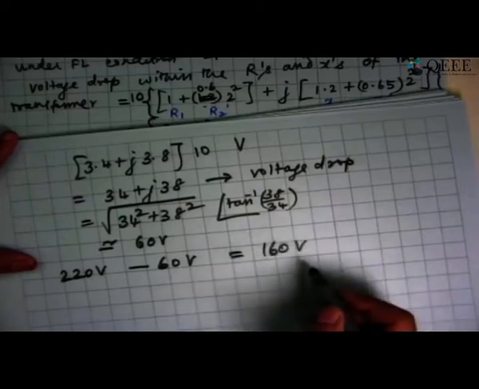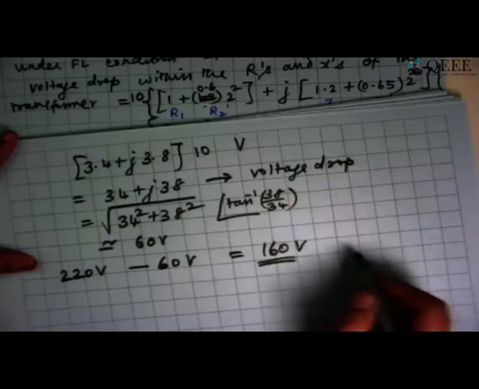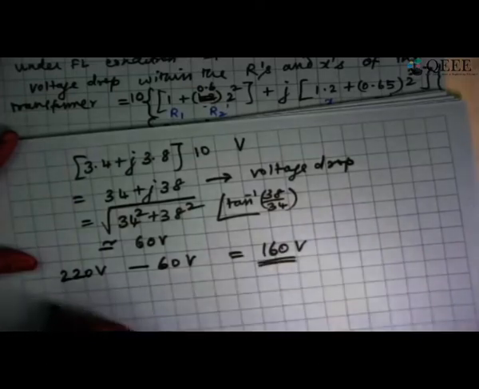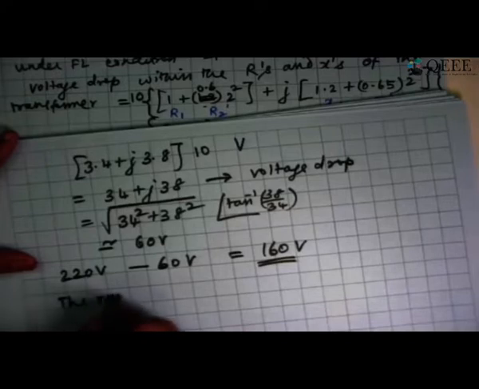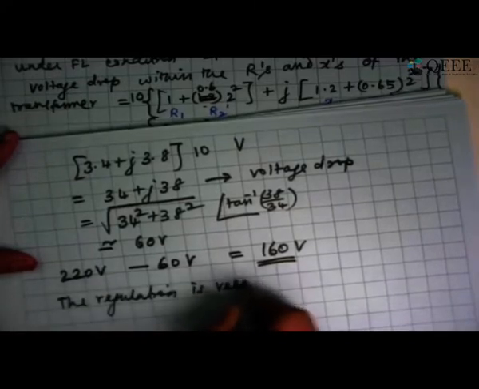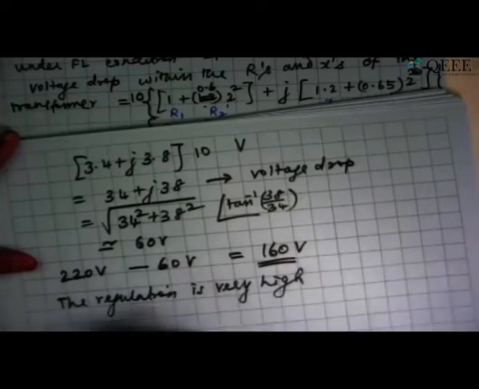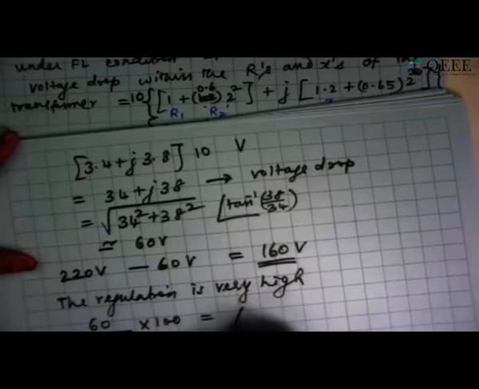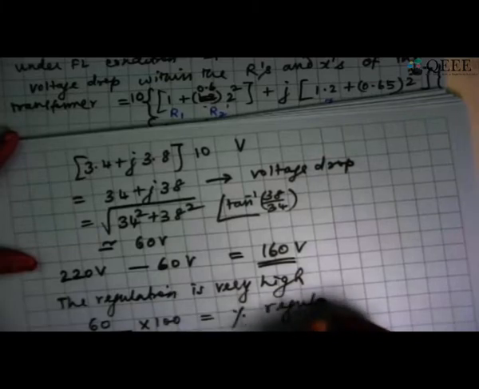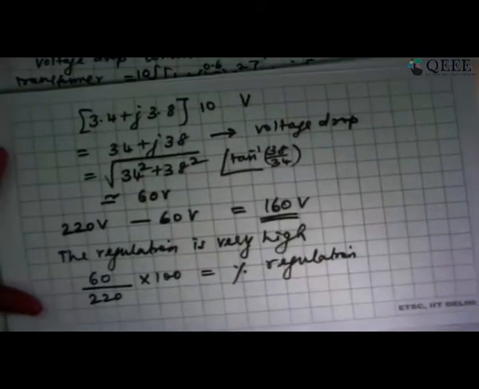So this transformer has a huge voltage drop, and the secondary side voltage is going to be really small. So the regulation is very high. So I have to calculate the regulation to be now 60 divided by 220 multiplied by 100 is the percentage regulation in this particular case. So it is definitely not a good transformer.